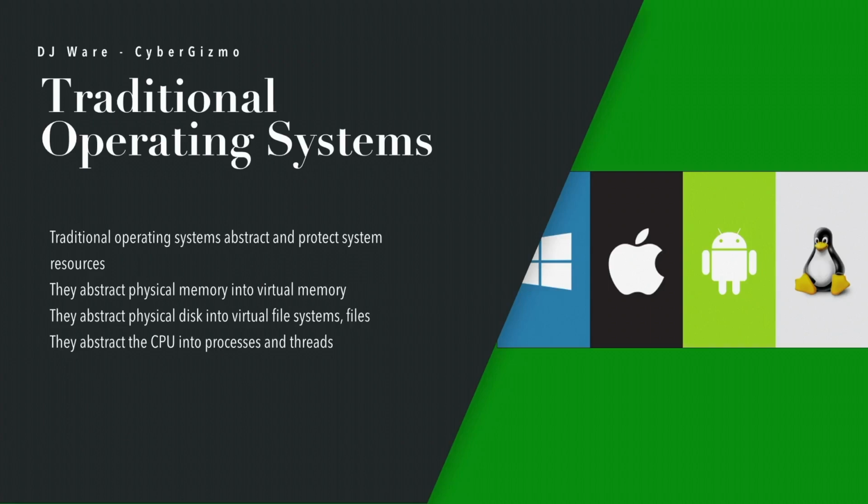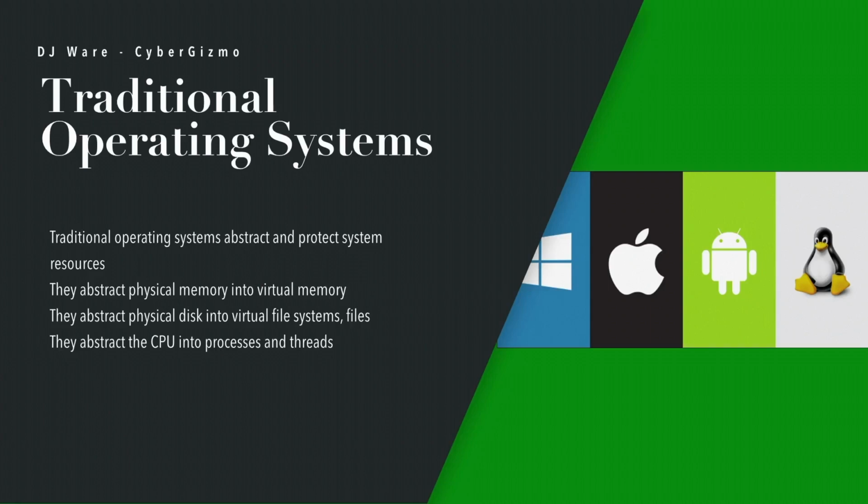I've talked about this before in the internals for Linux. They also abstract the disk into virtual file systems, which allows them to place additional file system types on top of that model, such as ext4, btrfs, zfs, and xfs.